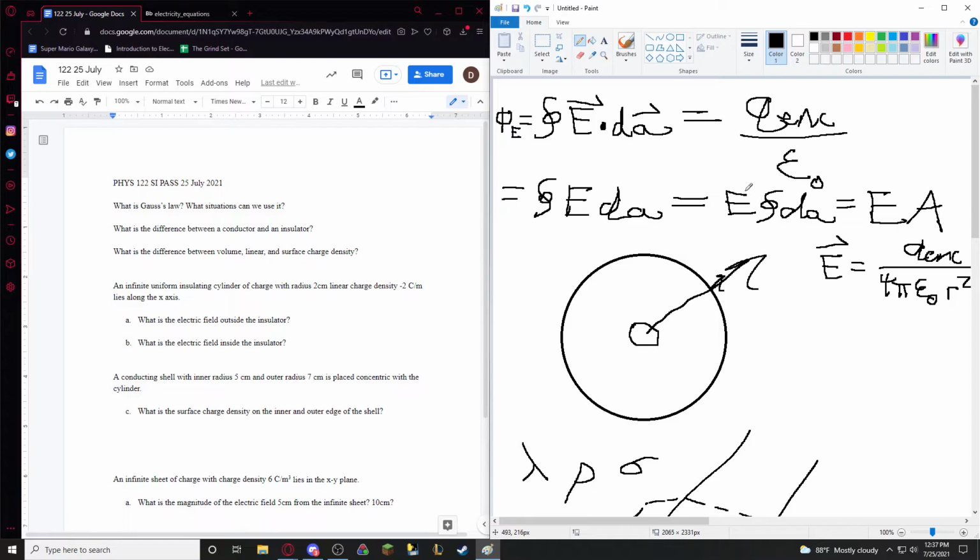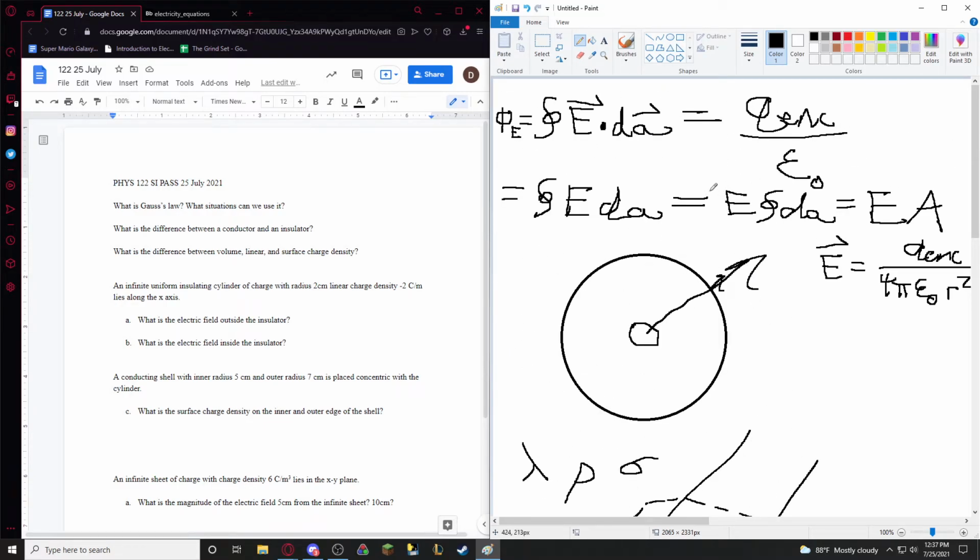Remember, we have to have our closed surface integral for the entire Gaussian surface. Okay, so in the end, it will become EA is equal to lambda L over epsilon naught.